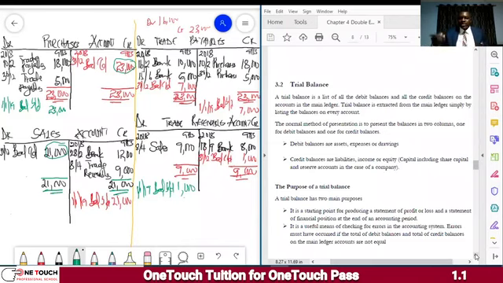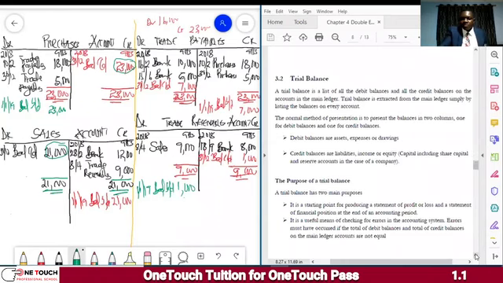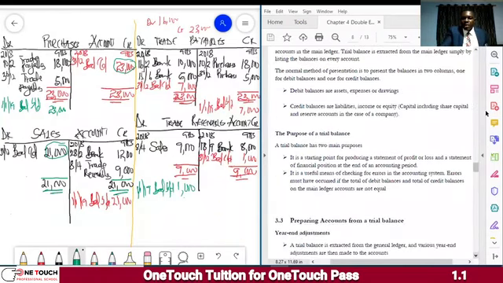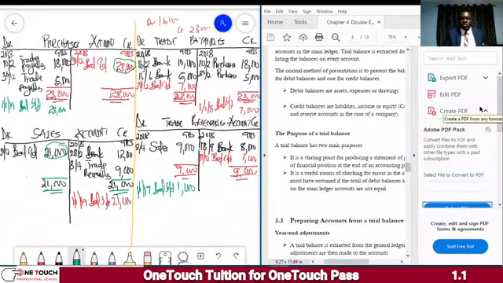So we say that it's a useful means of checking for errors in the accounting system. Errors must have occurred if the total of debit balance and total of credit balances on the main ledger are not what? Equal. Good. So now let's look from our account at how to extract a trial balance.